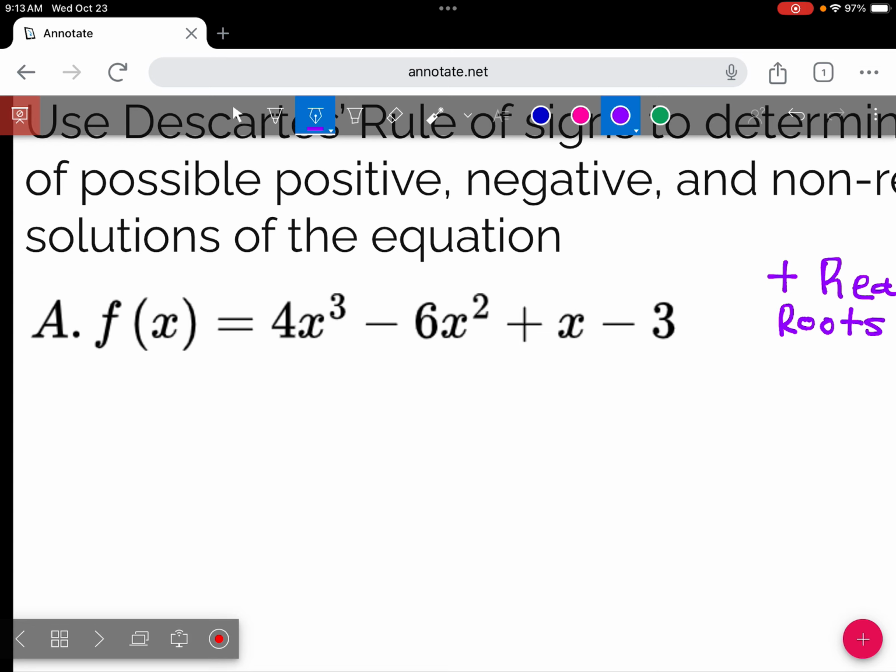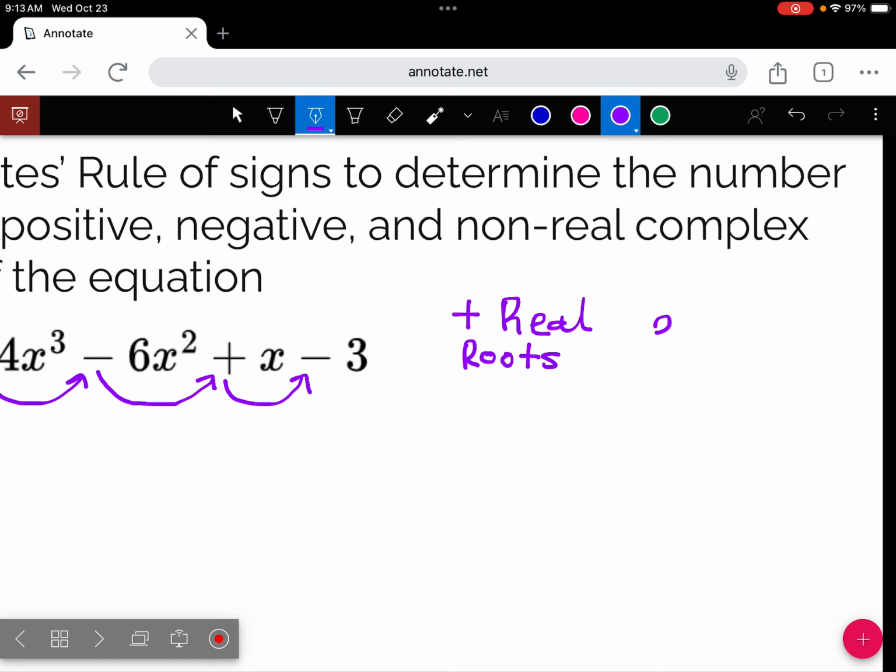So we're going to count how many times our sign changes here. So how many times does our sign change here? Yeah, so we're starting positive, and then it switches to negative. So there's 1, 2, 3. So we have, at most, 3 positive real roots. Or we could have 1 positive real root, because we're going to count down by evens.